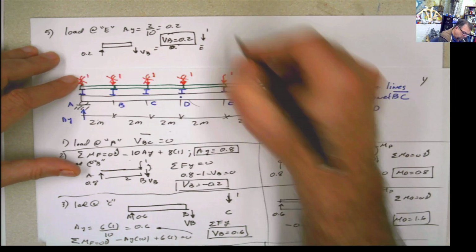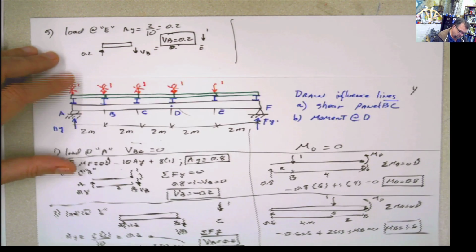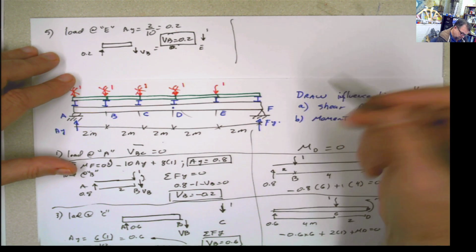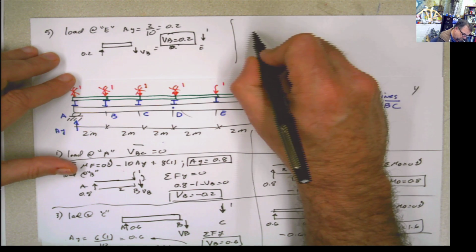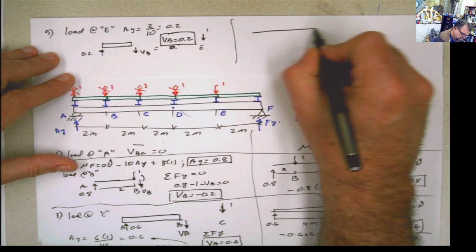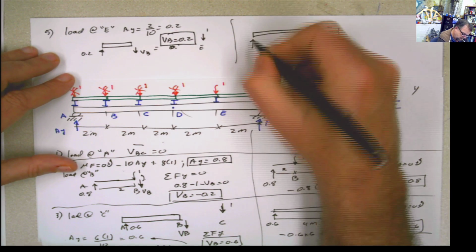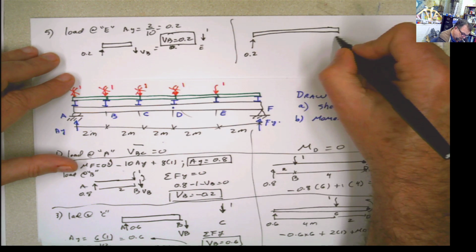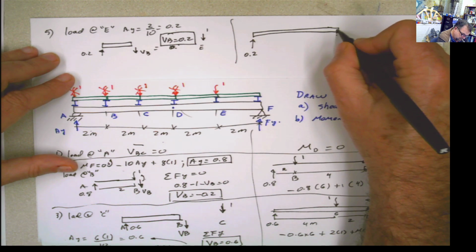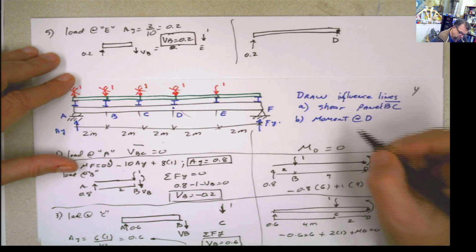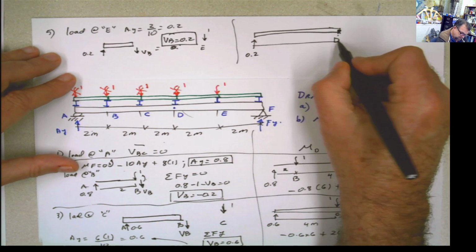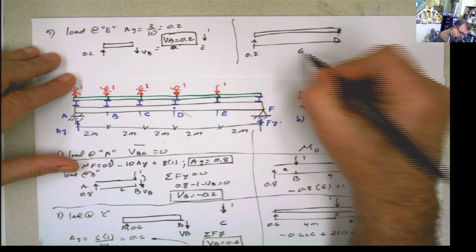Then you get 0.2. And for the moment, the situation is similar to whatever we did before. This is the point A with a reaction of 0.2. This is the point D, where the moment has to be calculated. The distance from here to here is 6 meters.